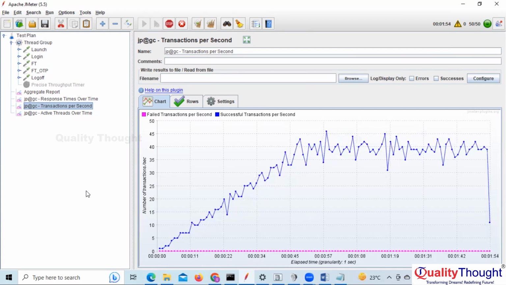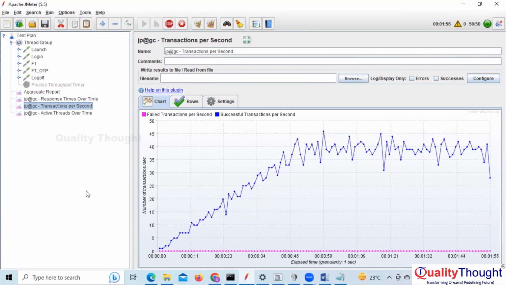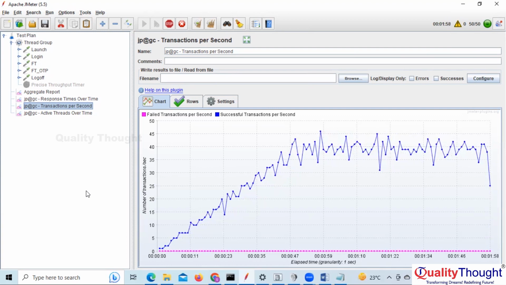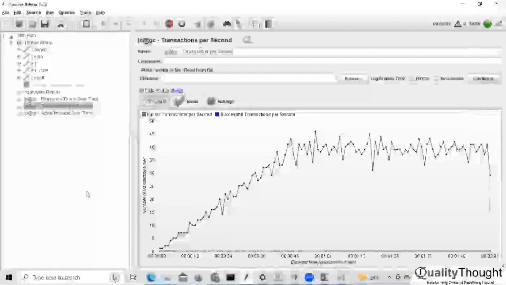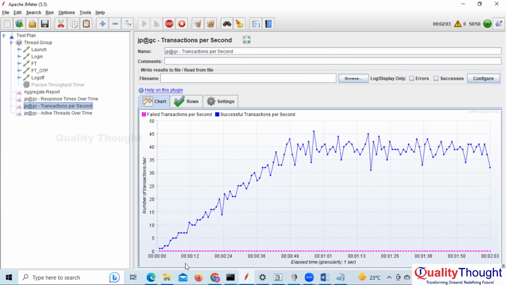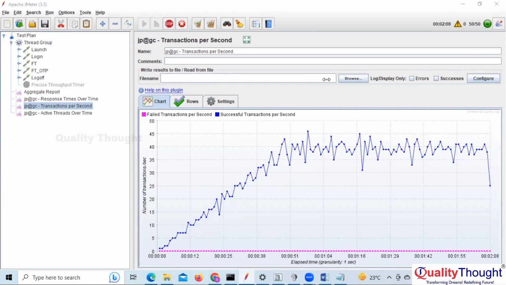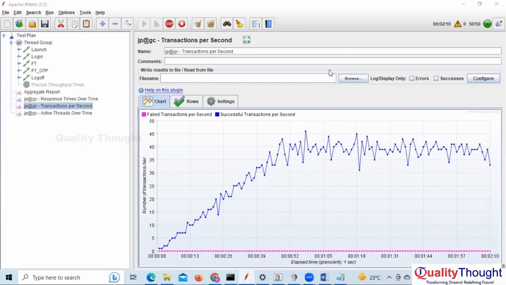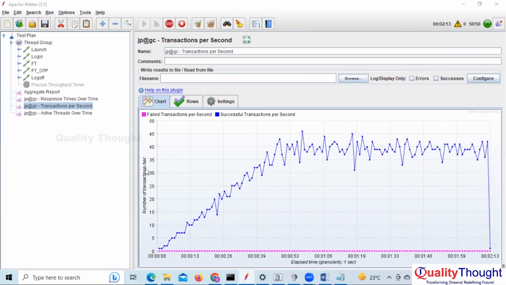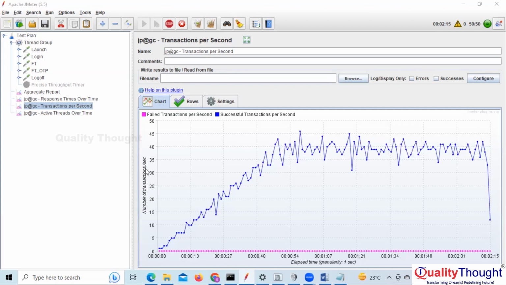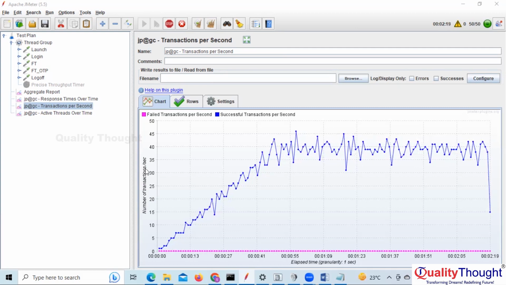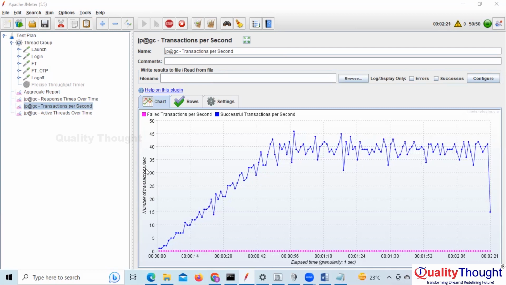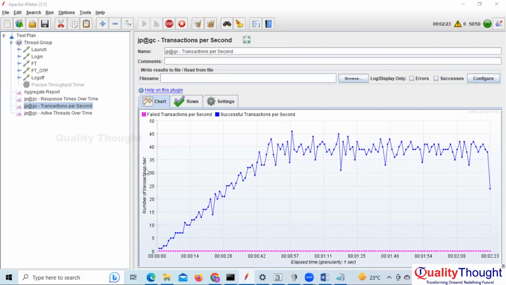Do you think we will achieve our target here? Ravi, Sai, do you think we'll achieve our target? What is our target? 50, 100, sir. 100. But how much we achieved? Around 45, 40.